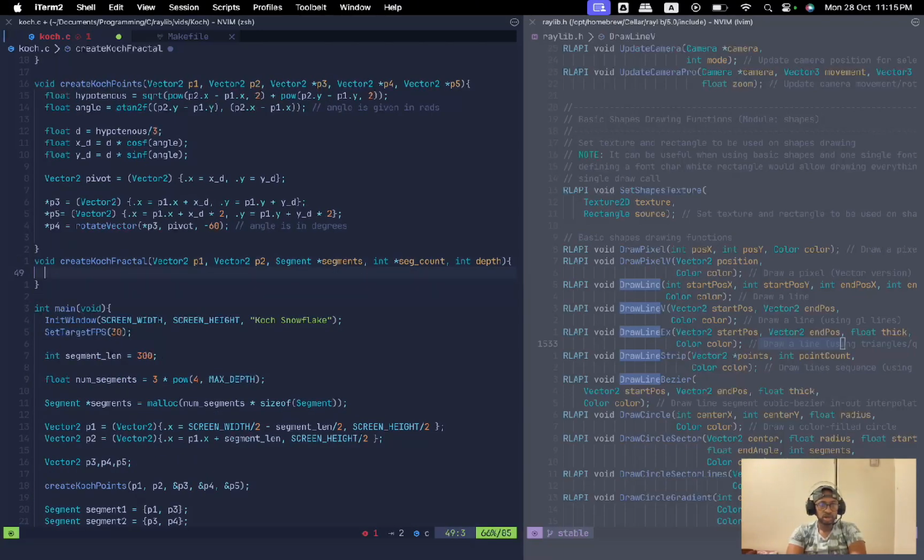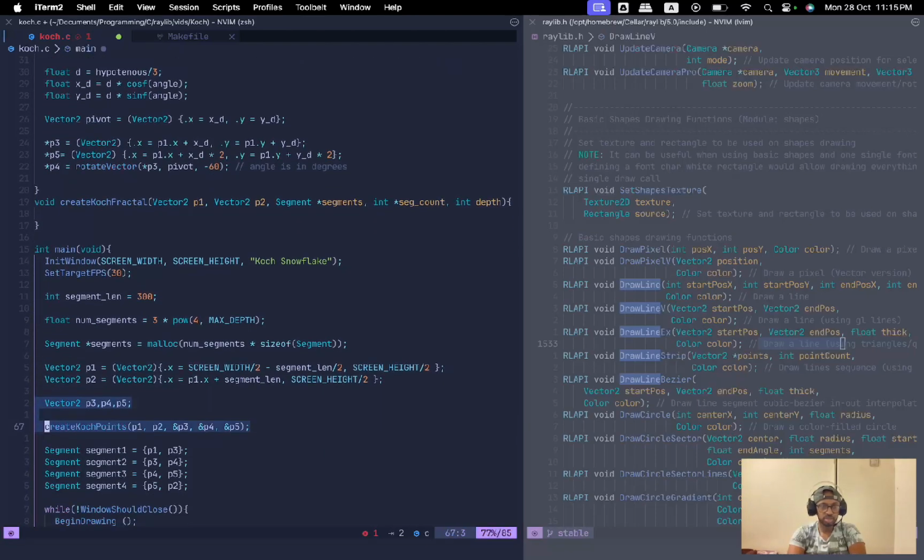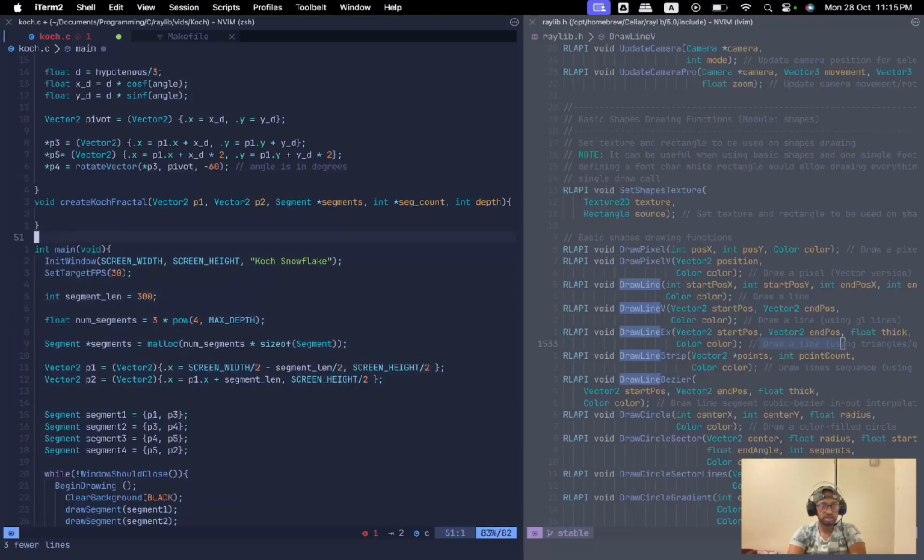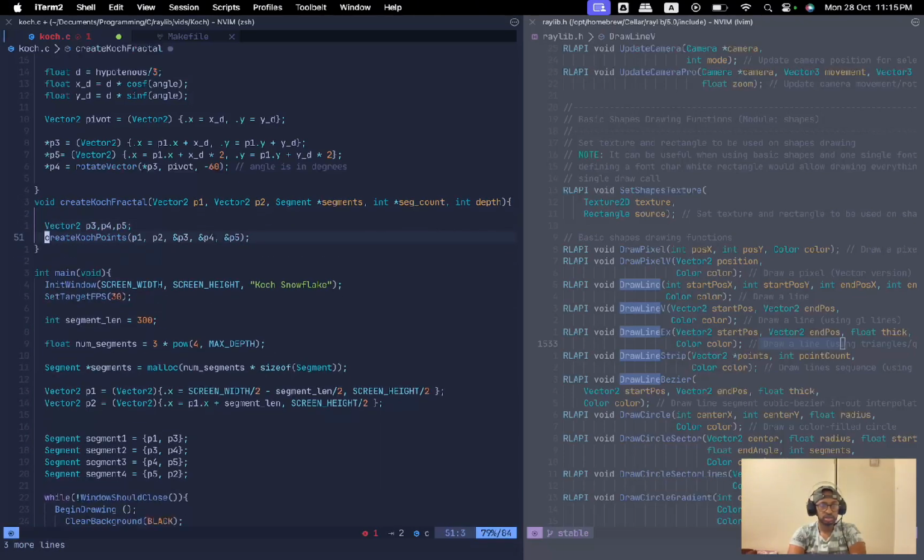Now what this does, it's something like this. I just need to copy this and put it here. So I have this and I create the points. Okay, I have my points. Then for each new point, now because this is recursive, I have segment.